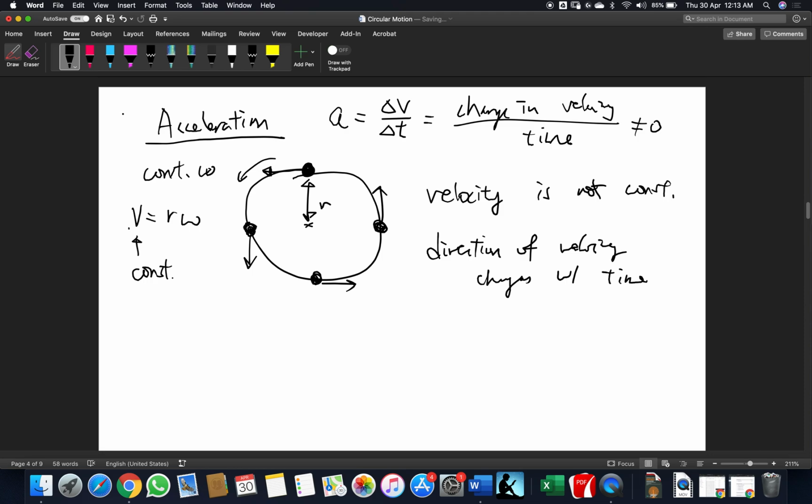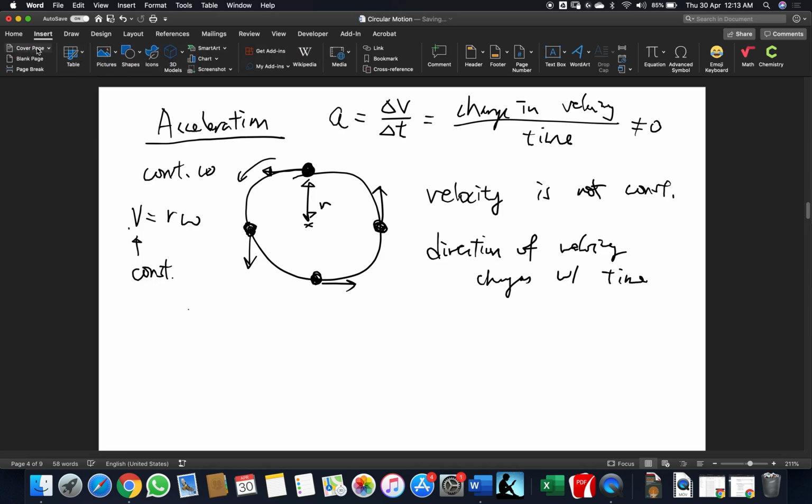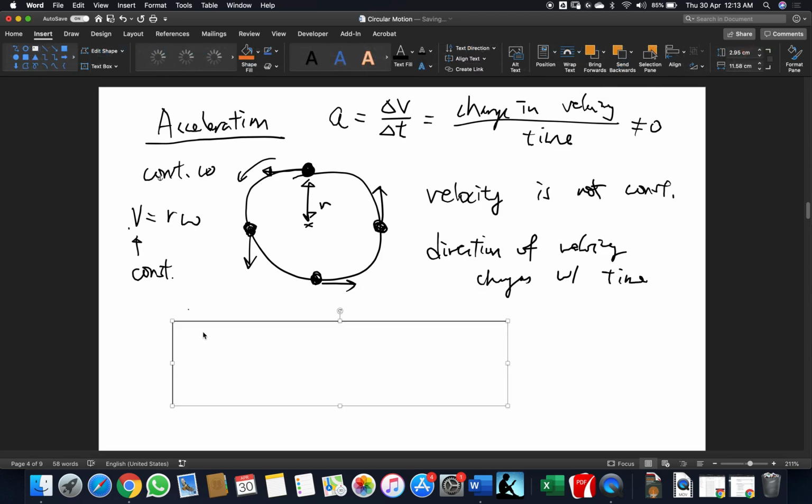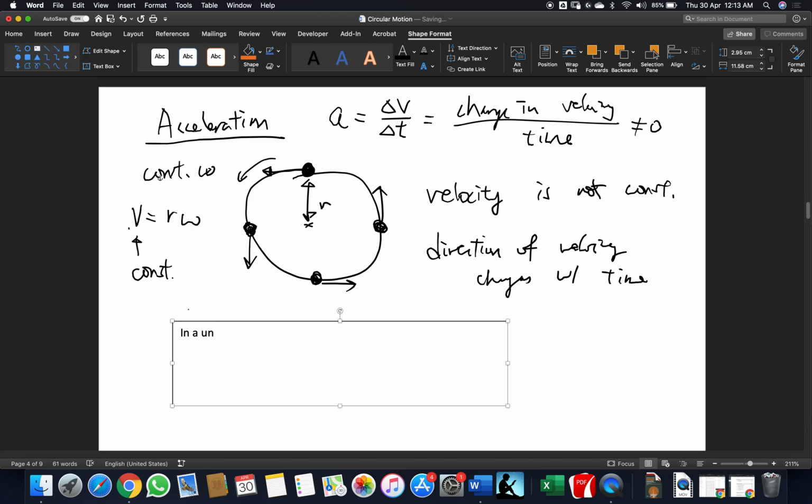So in a uniform circular motion, uniform means that it has a constant speed, and a constant speed also means a constant angular speed.